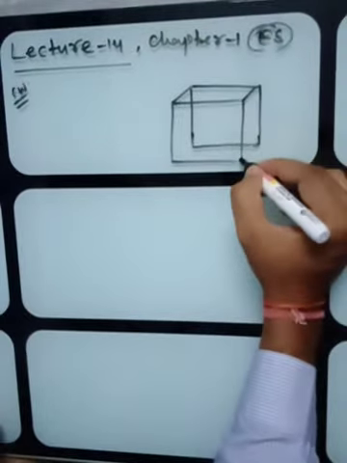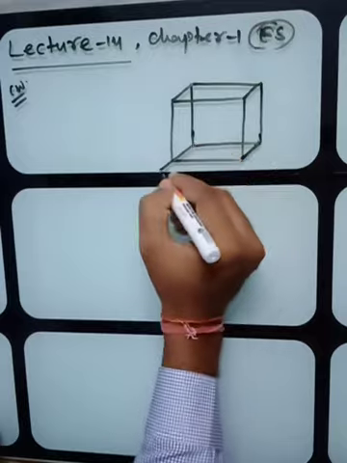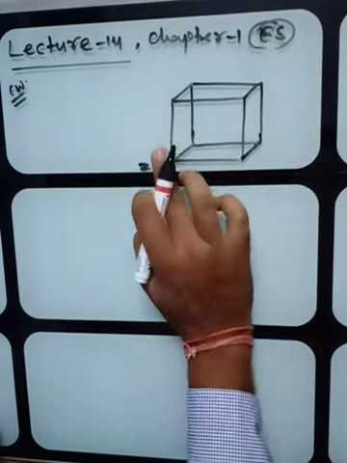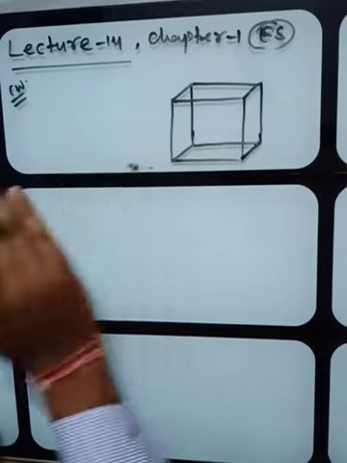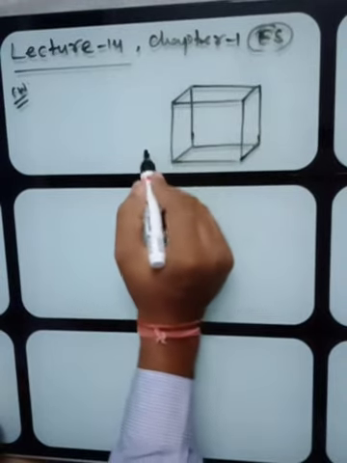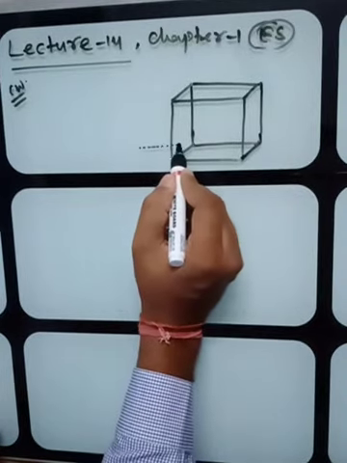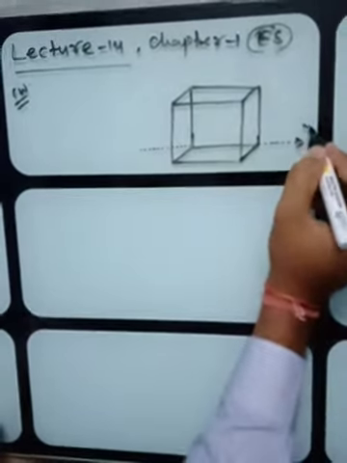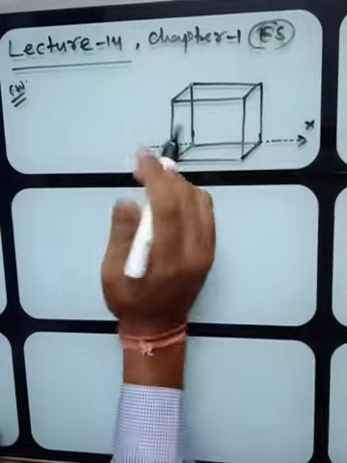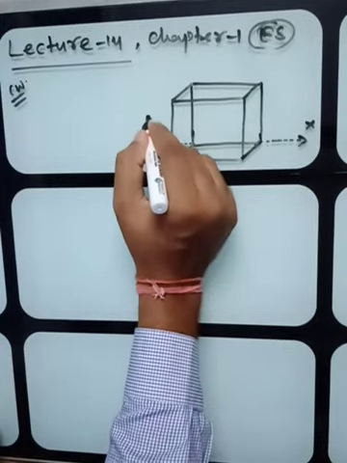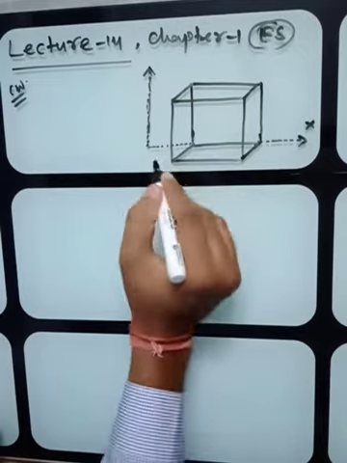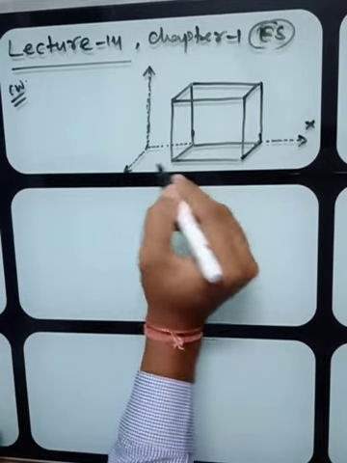Okay students, this is the cubical body, this is the Z axis. This cubical body is placed on the x-axis, but at a certain distance from the origin.